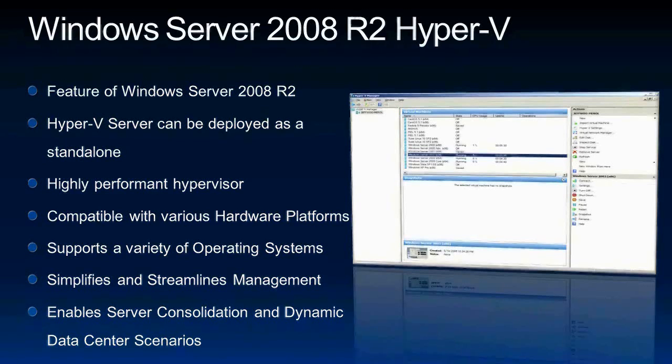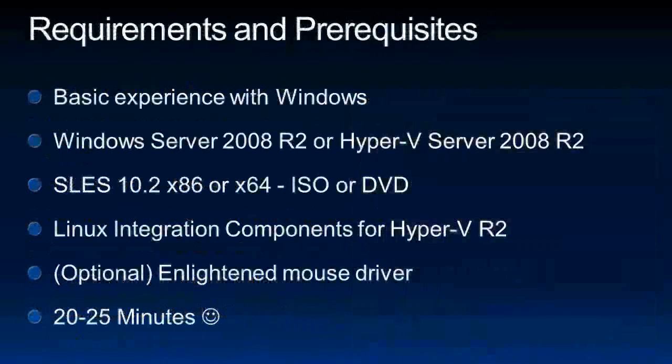Hyper-V and virtualization allows you to simplify deployment, improve manageability, increase resilience in your data center, and all with reducing overall costs. If you wish to learn more about Hyper-V, please go to the Microsoft.com/virtualization website. Now let's talk about running Linux on Hyper-V.